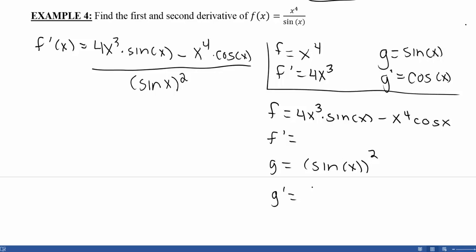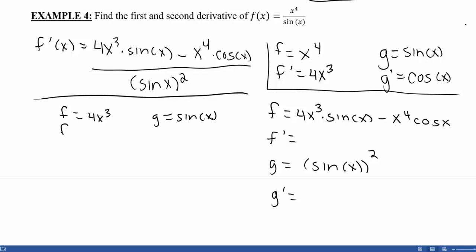So notice that both of the terms here are going to require a product rule. So the first term, I have 4x cubed times sine x. So for my product rule, my f is 4x cubed and my g is sine x. Finding each of their respective derivatives, I get 12x squared and cosine x.